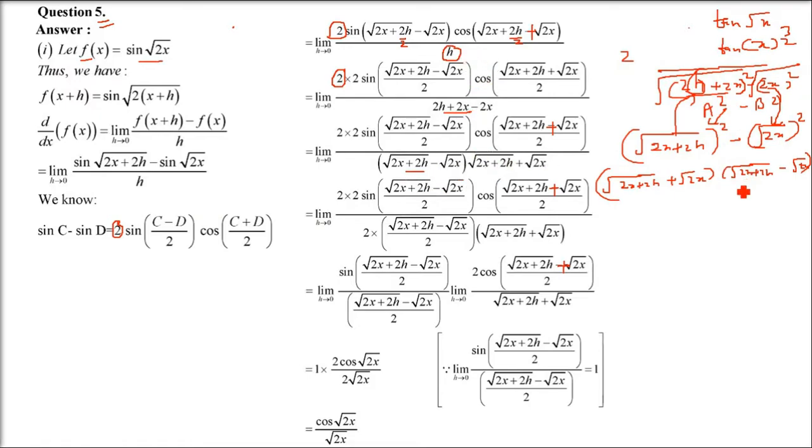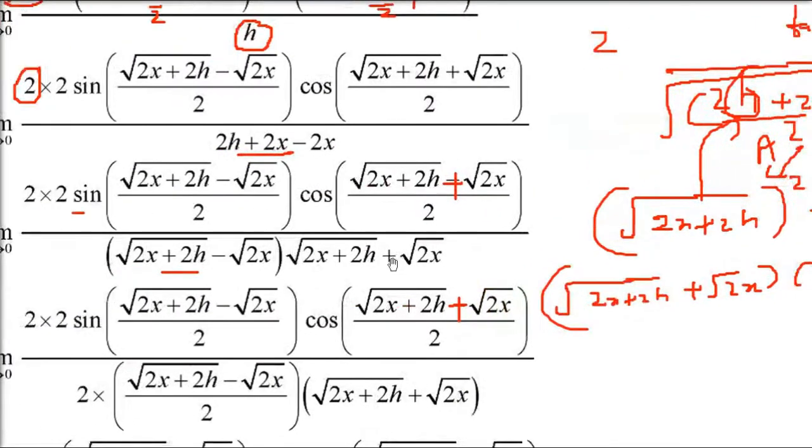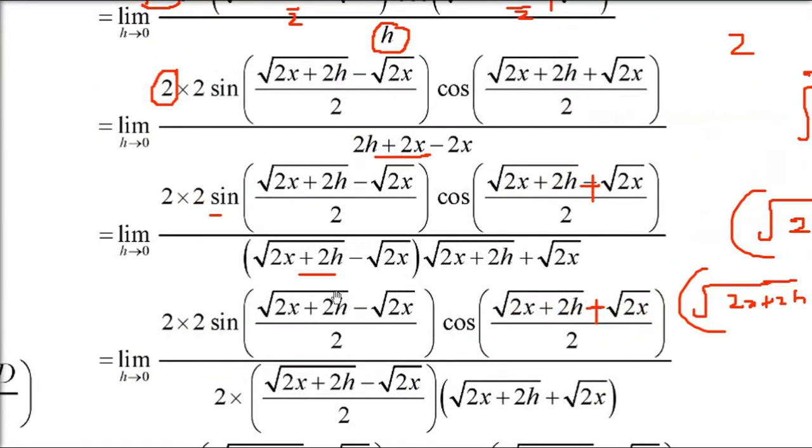Okay, this is the only concept here. Now this sine term is sin of root 2x plus 2h minus root 2x by 2, and here you have root 2x plus 2h minus root 2x. And we can have a 2 in the denominator.